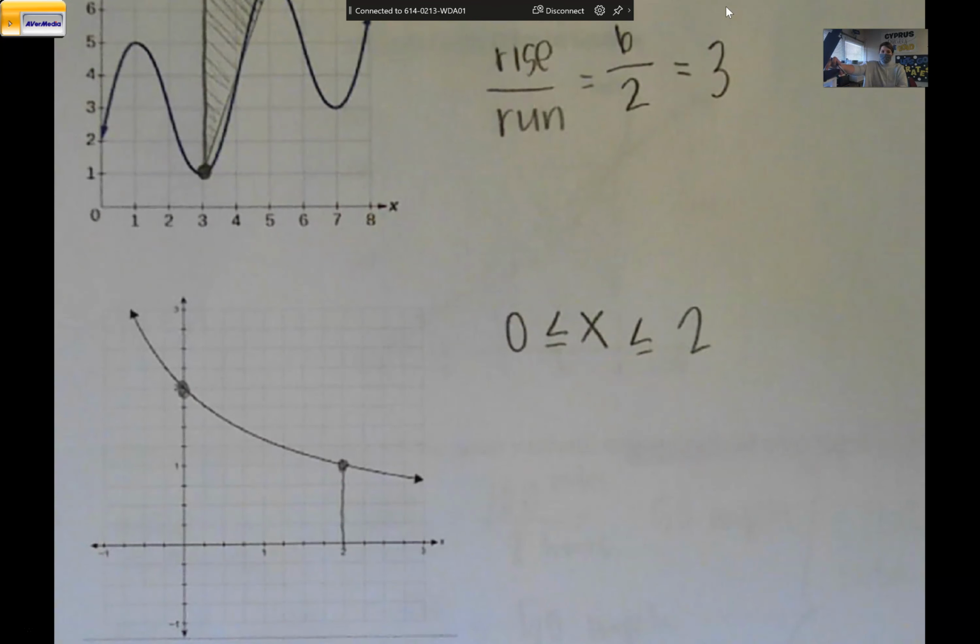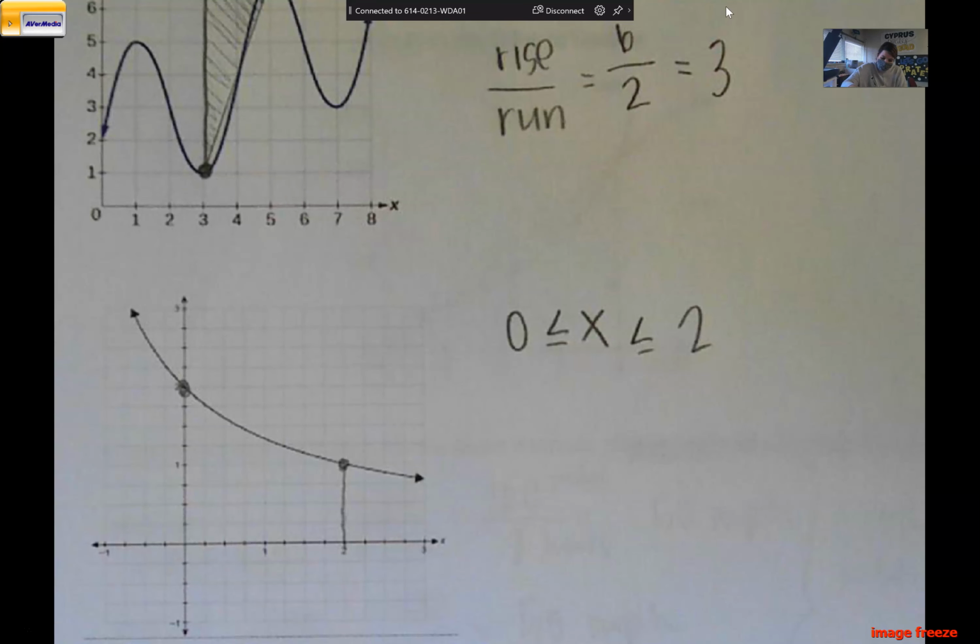So now you guys try this one without me. I'm going to write mine down and then do one walkthrough to see where you're at.